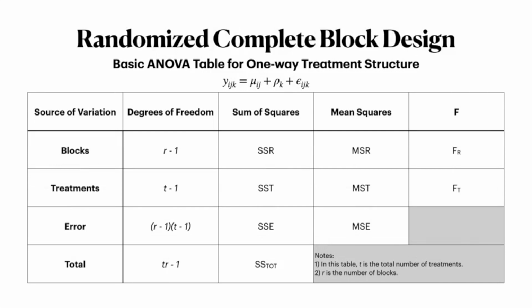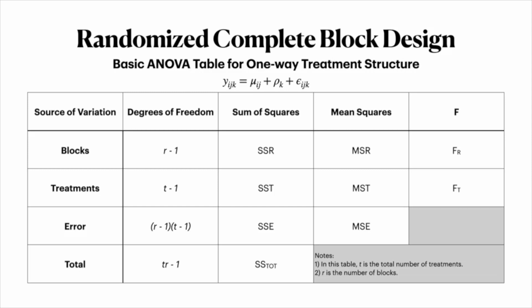Next, we have the basic or condensed ANOVA table for the one-way treatment structure when we have a randomized complete block design structure. Again, notice that I have the means model representation for the model, y sub ijk equal to mu sub ij plus rho sub k plus epsilon ijk. In the ANOVA table, the first row corresponds to the blocks as a source of variation.